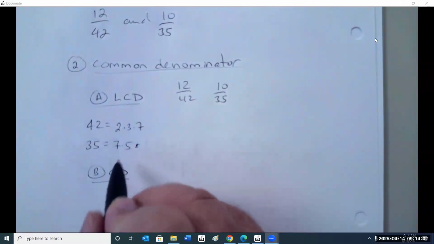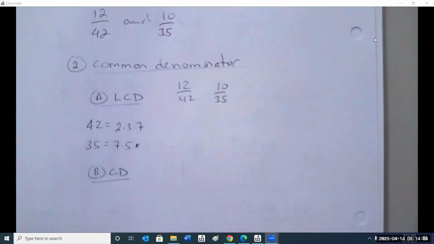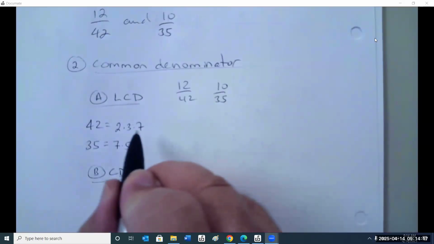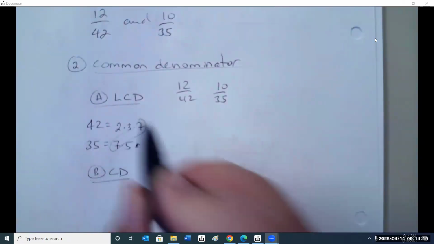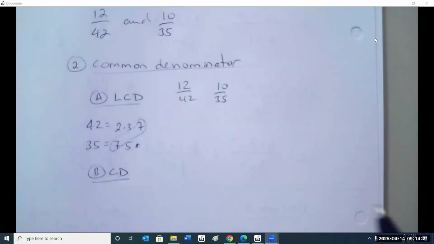Six times 7. So what's the LCD? Okay, so they have 7 in common. So 7 times 42 is what?